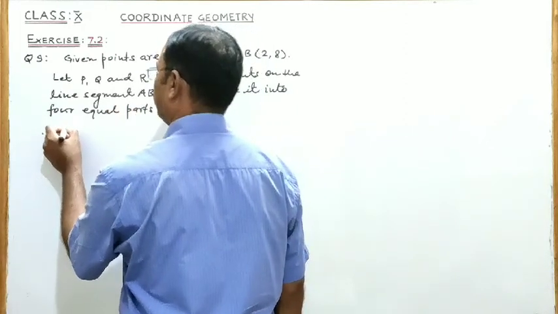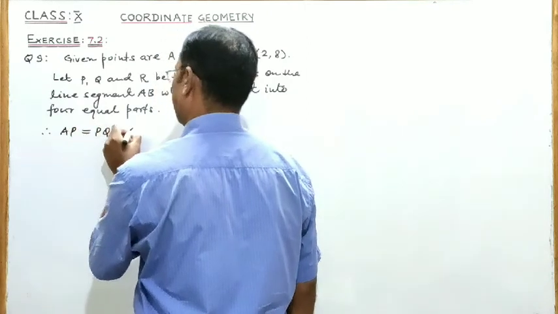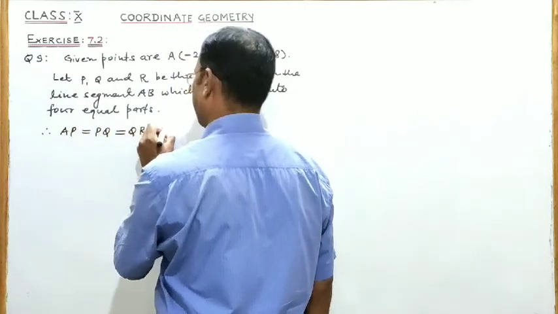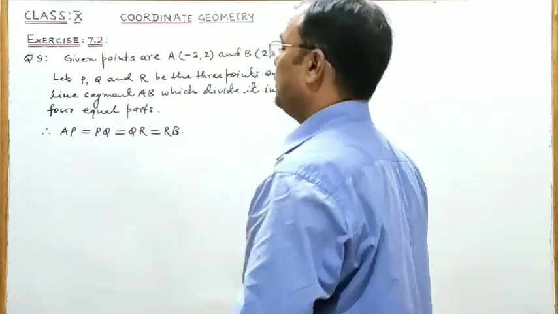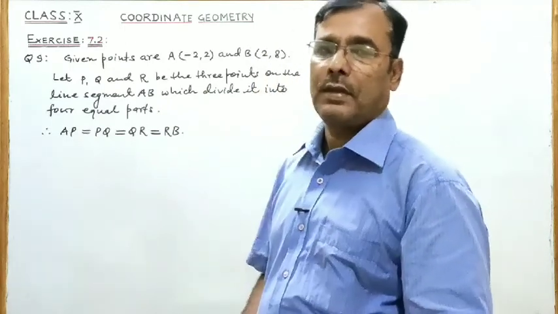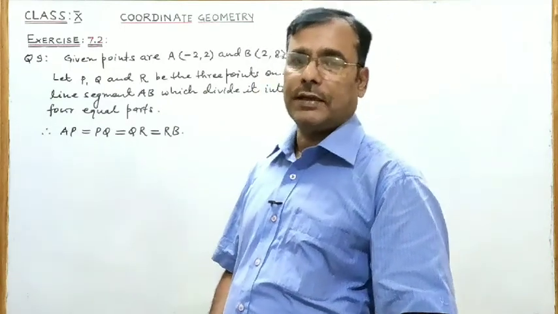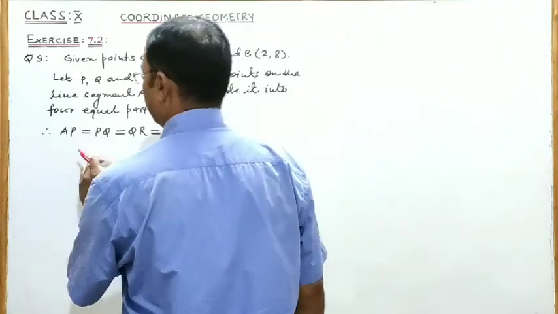Therefore, AP equal to PQ equal to QR equal to RB, because points P, Q and R divide the line segment AB into 4 equal parts like this.